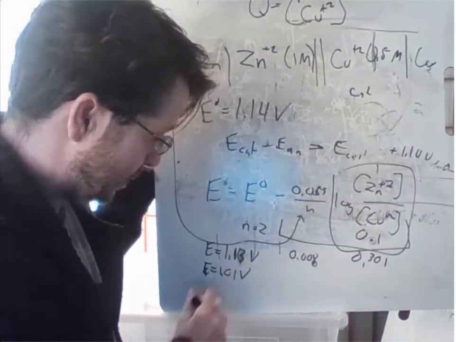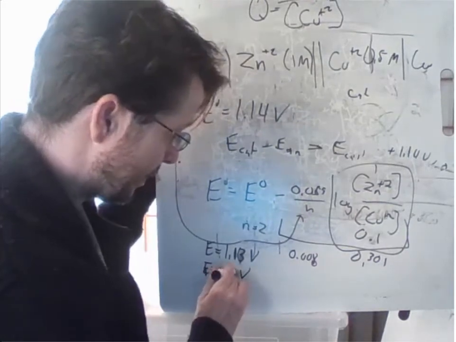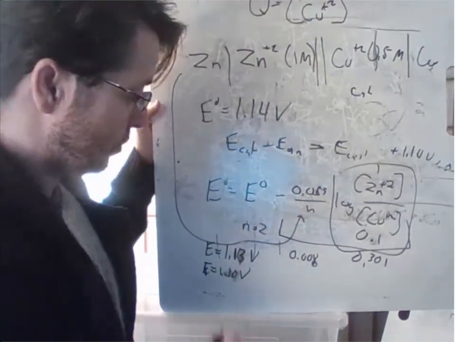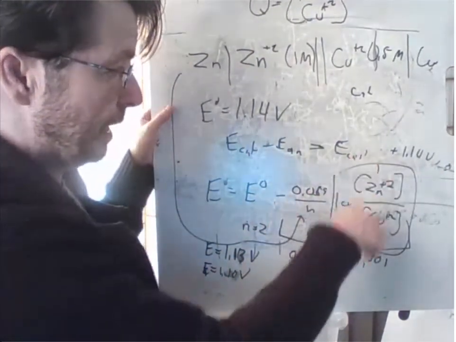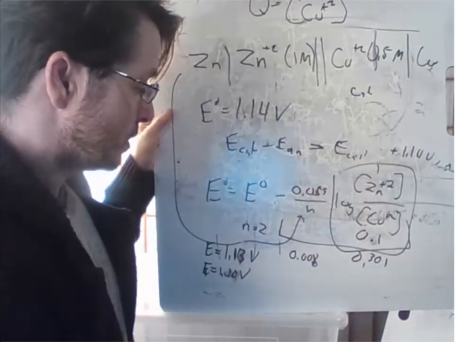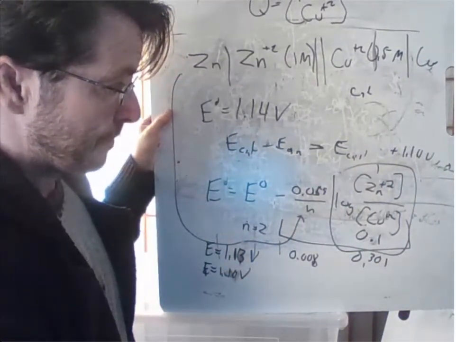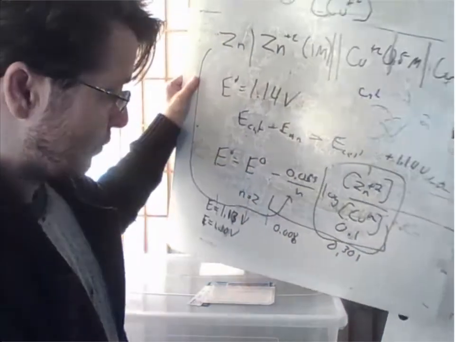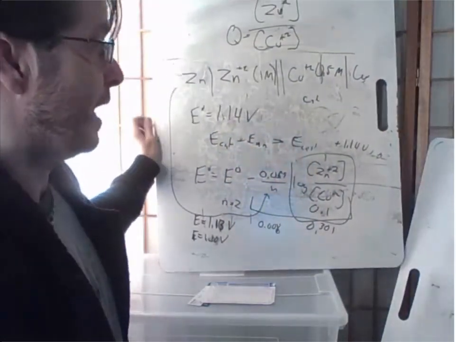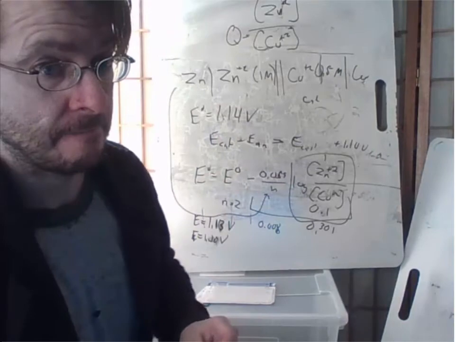All right? So 1.10 volts. So the voltage will drop slowly as you increase the concentrations. So, relatively straightforward calculation once you have the balanced chemical reaction.